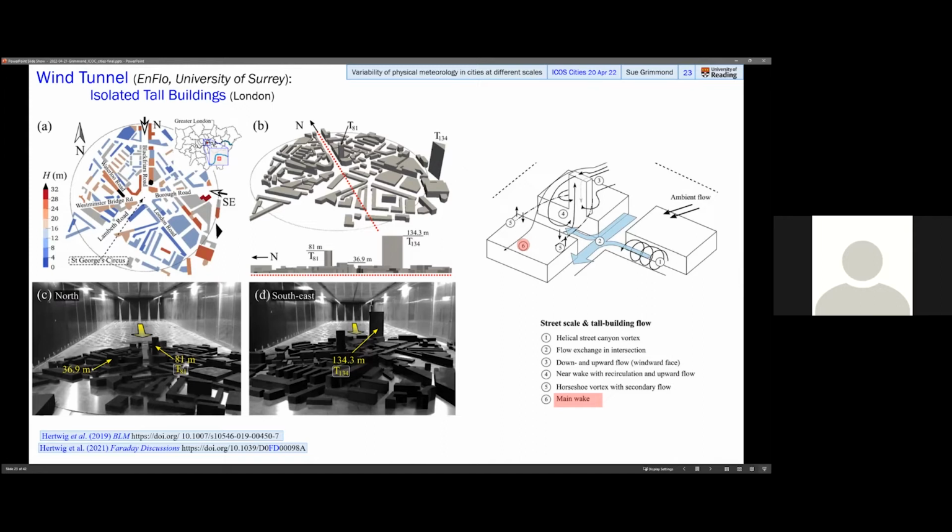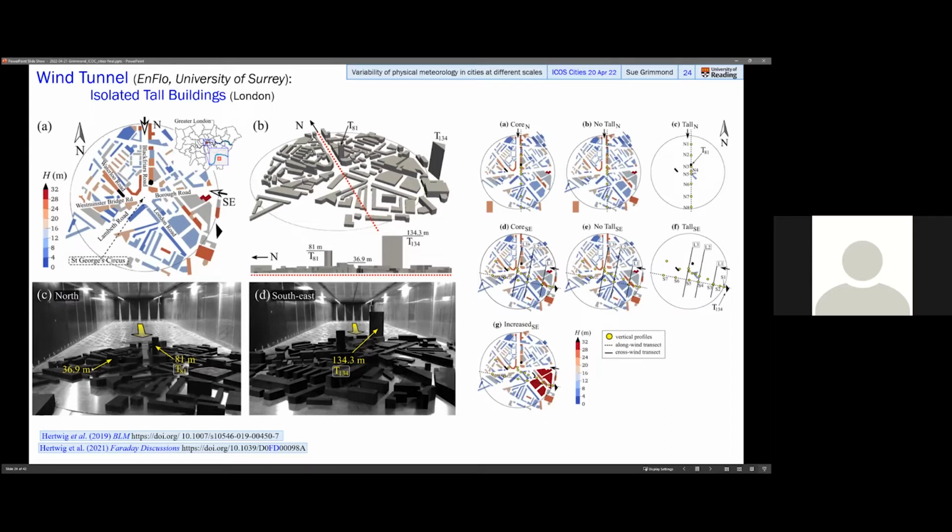Because the model is sitting on a turntable, we can move the buildings around and put them so that they're upwind, and then look at what happens to the flow as it comes over the building. So the flow is coming in this direction, and we look at what happens behind these buildings. What's the impact of just adding one individual tall building to this area?